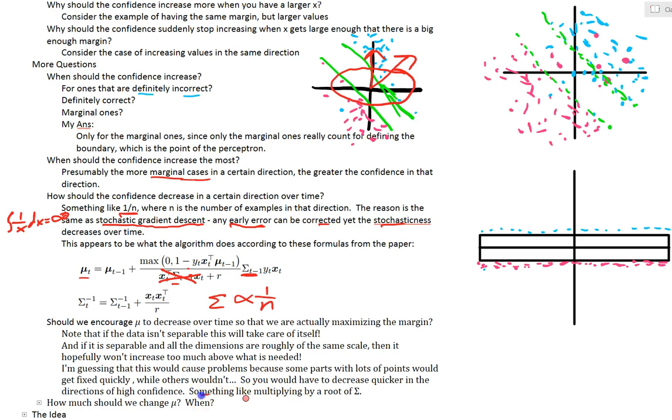So that would be something like multiplying by a root of sigma. So in directions of high confidence, we decrease more than in directions of lower confidence. So this might cause some really marginal improvement, but I don't think this is worth it. Probably not worth it.